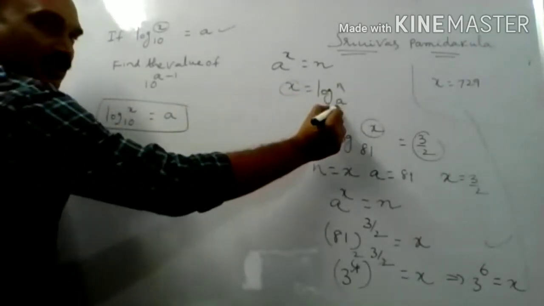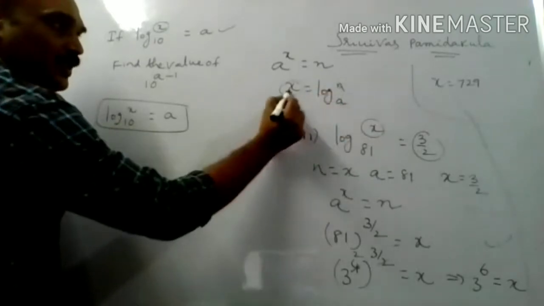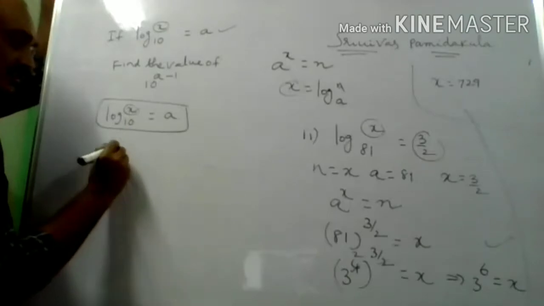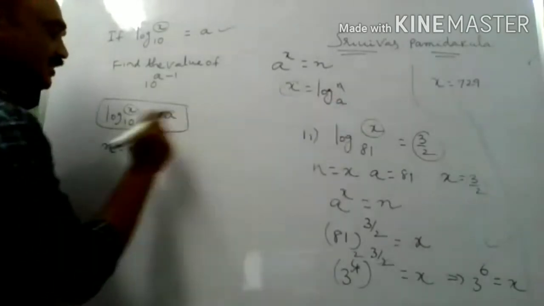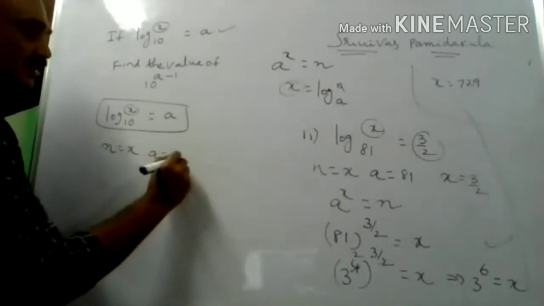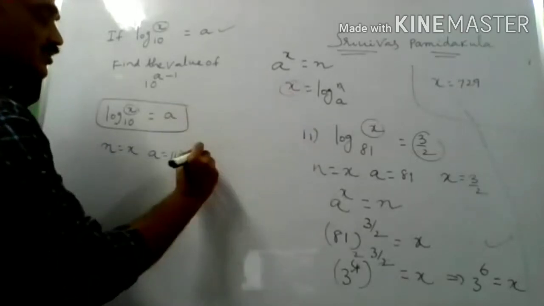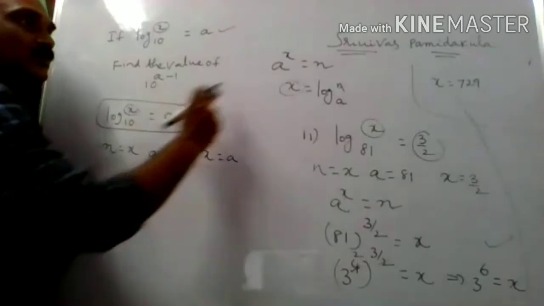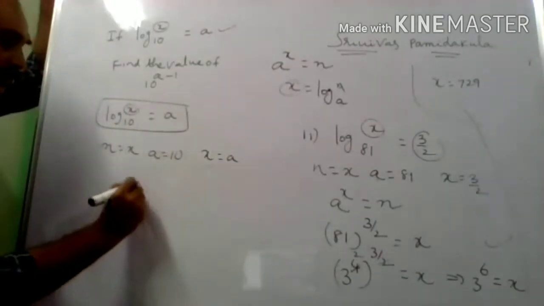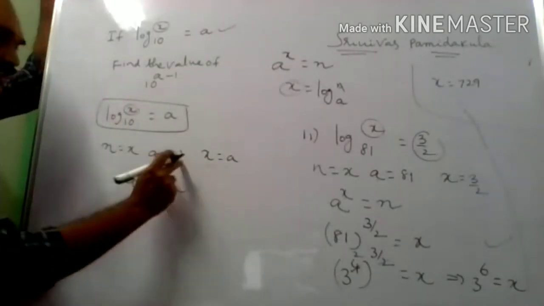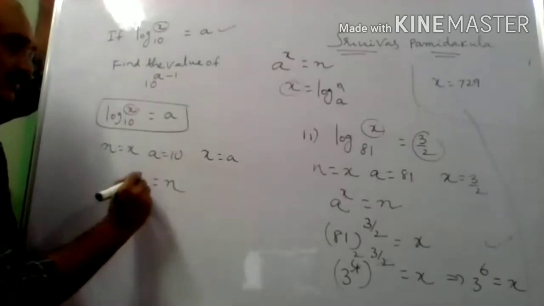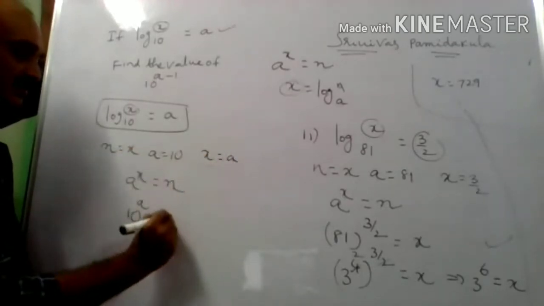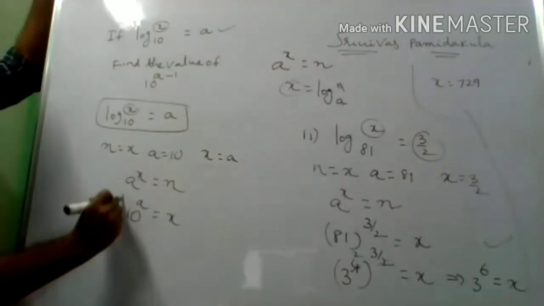Here n is x, the base is 10, and the value is a. Students, this is logarithm form, right? Exponential form, a power x is equal to n. 10 power a is equal to n, which is x. So 10 power a is equal to x.